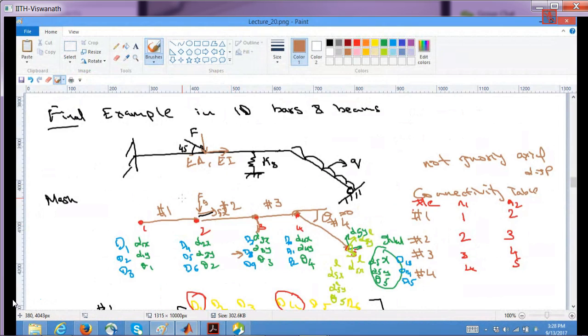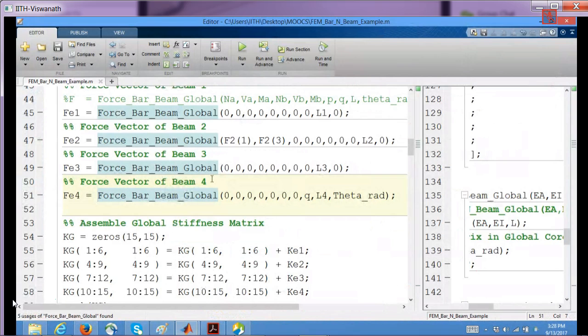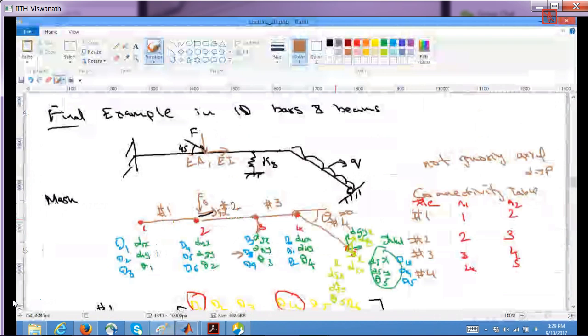Element 1 is oriented at 0 degrees. There are no uniformly distributed axial loads and no uniformly distributed transverse loads, so everything is 0, and this would be my force on element 1. Similarly, the force on element 2 consists of the x and y direction loads, and everything else is 0. For Fe3 global, again there are no forces.